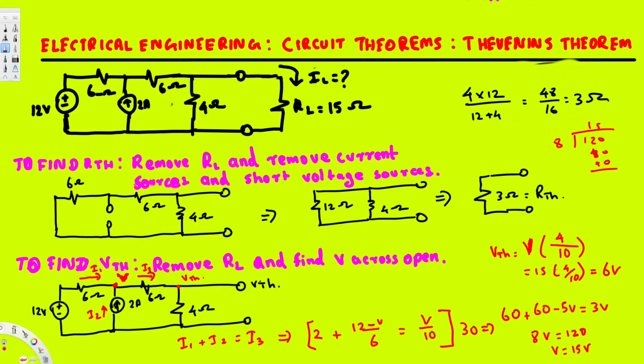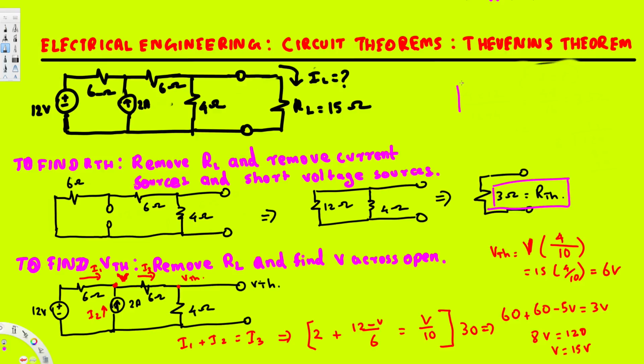Now we can go ahead and draw our new circuit in terms of R Thevenin, V Thevenin and the load. Let's go ahead and do that. So here we are going to have R Thevenin, we found out that is 3 ohm, right? And V Thevenin we found out that is 6 volts.